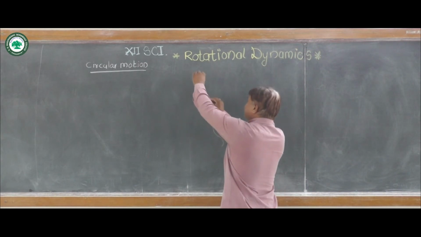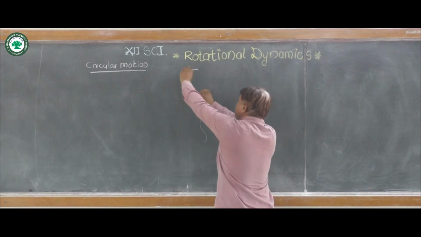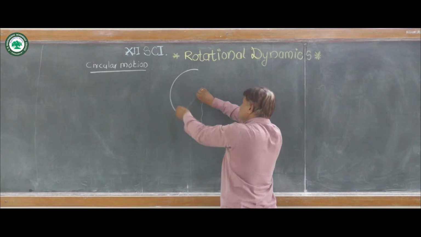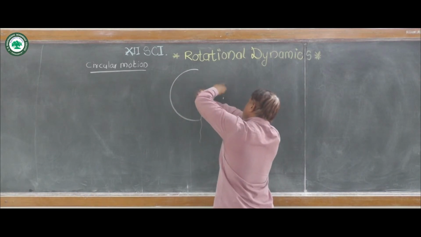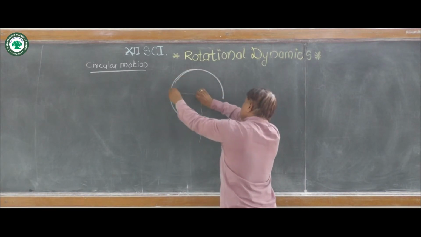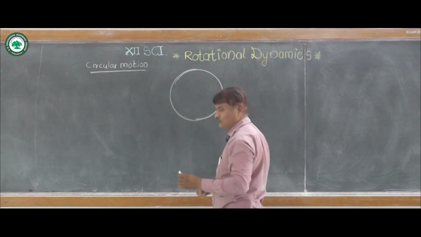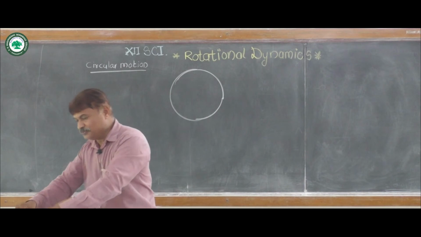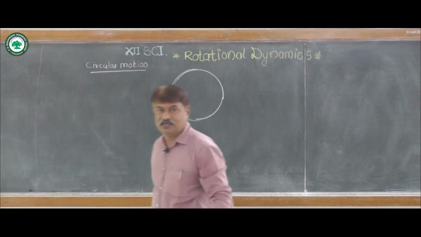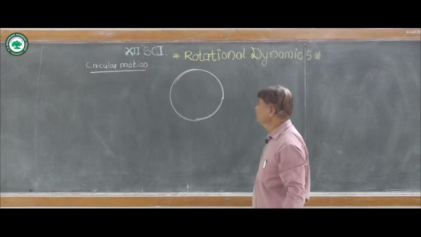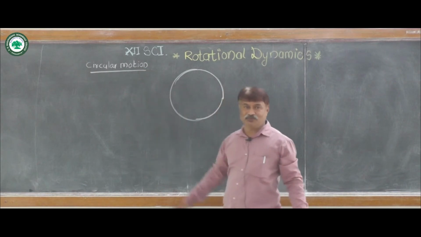According to this example, we can say that an object revolving around the circumference of a circle, that motion of the object along the circumference of the circle is called circular motion.